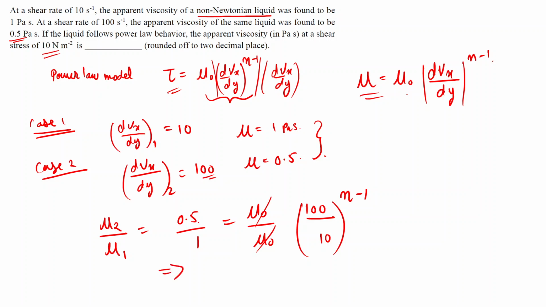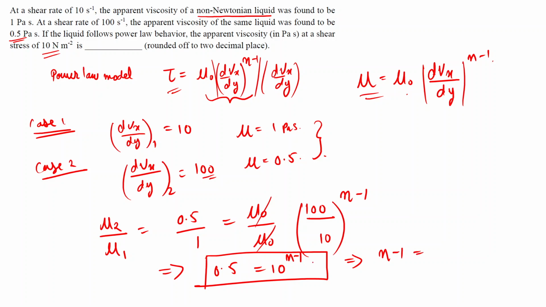From that we will have 0.5 is equal to 10 raised to n minus 1. Now from here we have to find the value of n minus 1. So we can take the log on both the sides, and ultimately we will get the value of n minus 1 as minus 0.3.